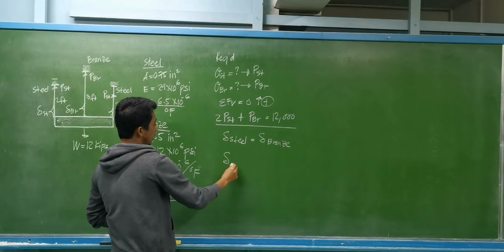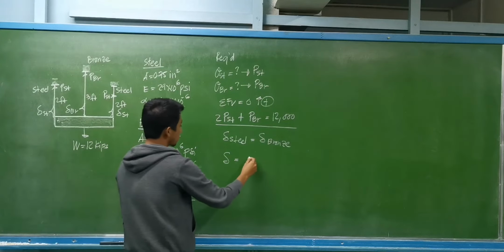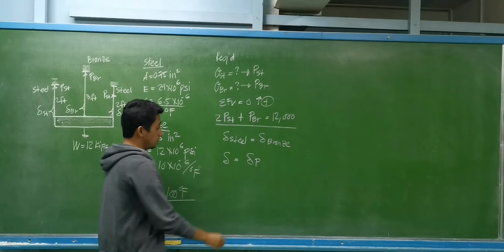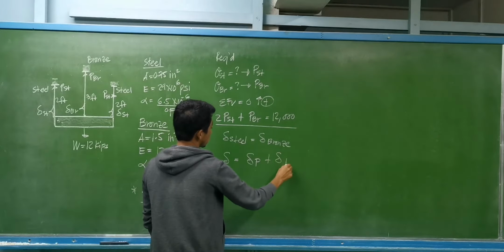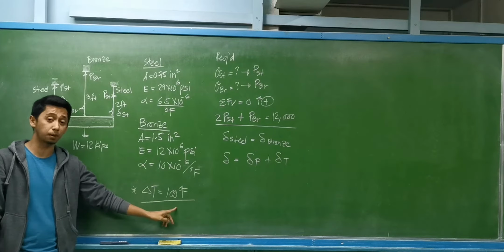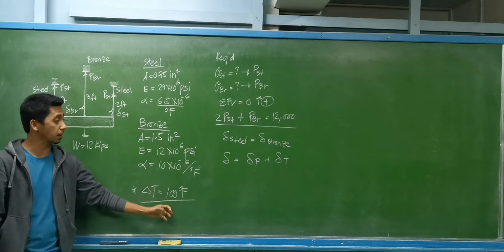So what will be the equivalent of the total deformation? That will be first the deformation because of the load to be carried by each rod plus the deformation due to change in temperature. Take note, we have a change in temperature. Let's say this is an increase in temperature equal to 100 degrees Fahrenheit.